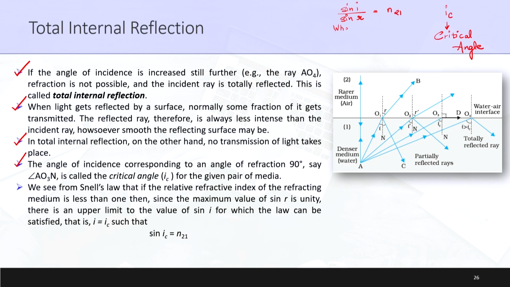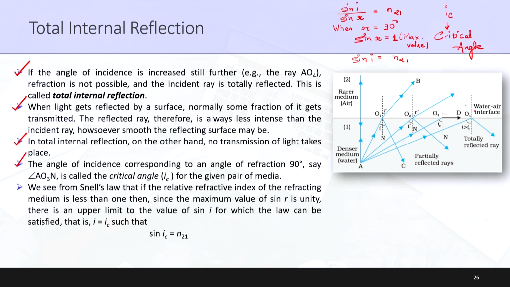When r is equal to 90 degrees, sin r is equal to 1, and this is the maximum value which it can attain. Therefore, putting r equal to 90 degrees, we get sin i is equal to n21.